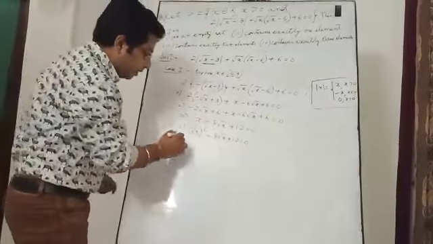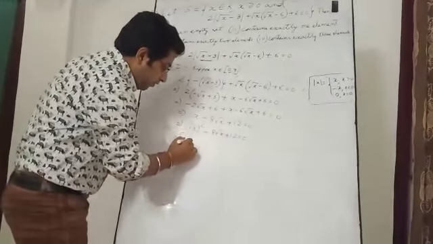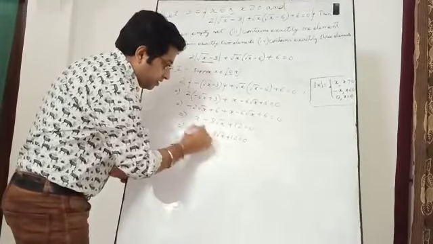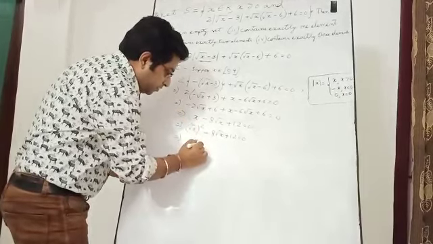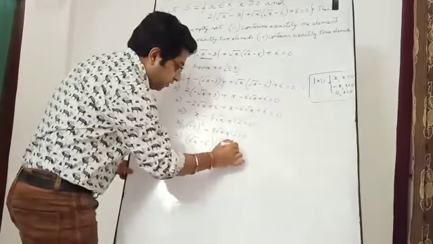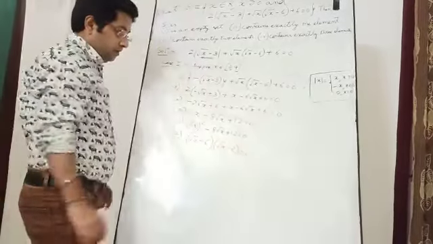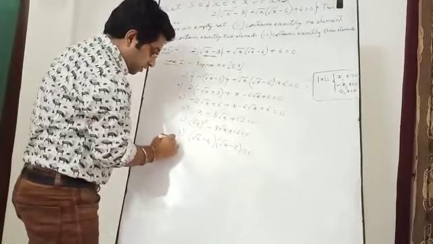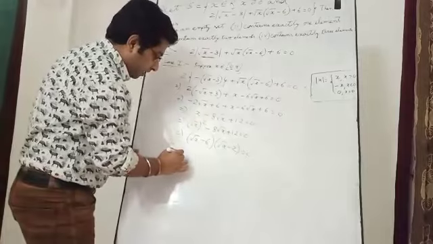Okay. So now if you factorize it, I think all of you know this will become (root x minus 6) into (root x minus 2) equal to 0. So what happens?